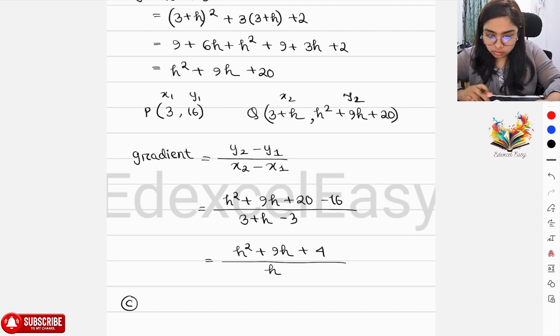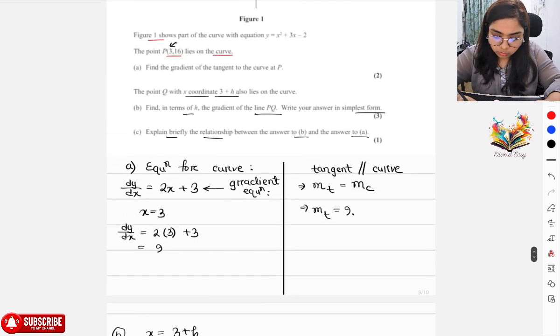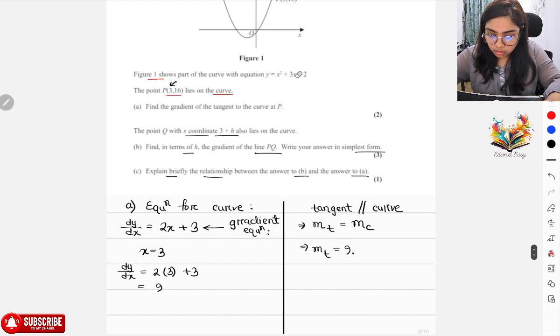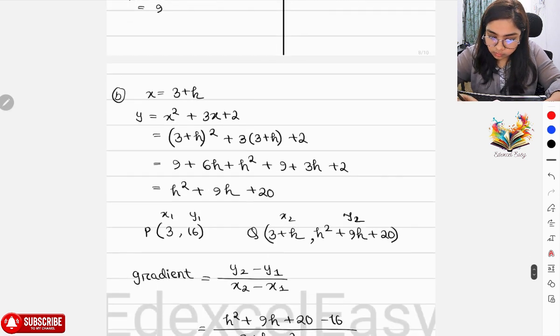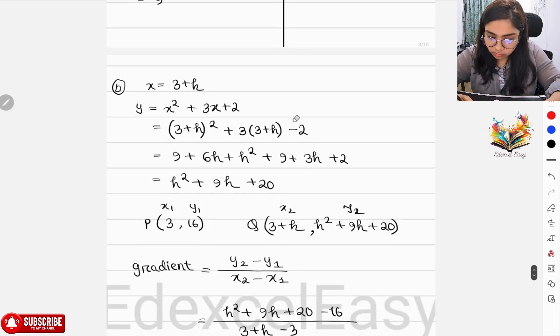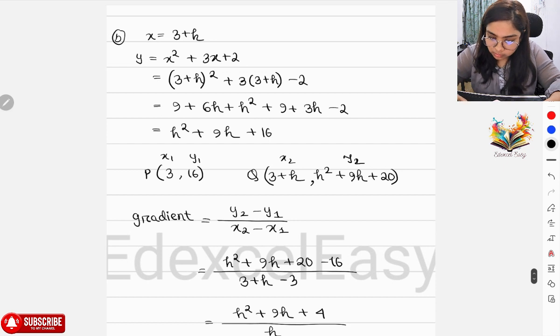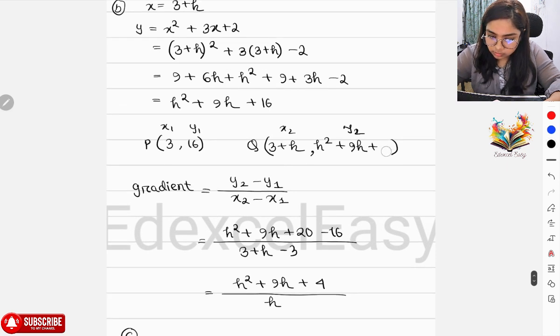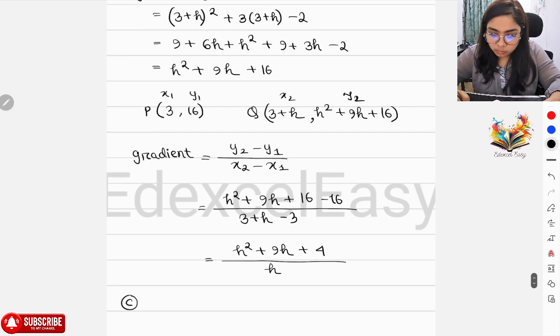I think I made a mistake during the calculation while reading the question. Over here it was minus 2, sorry. So in that case, this is going to be plus 16 over here, and this is 16, minus 16. Obviously, you can see 16 and 16 will be cancelled out.